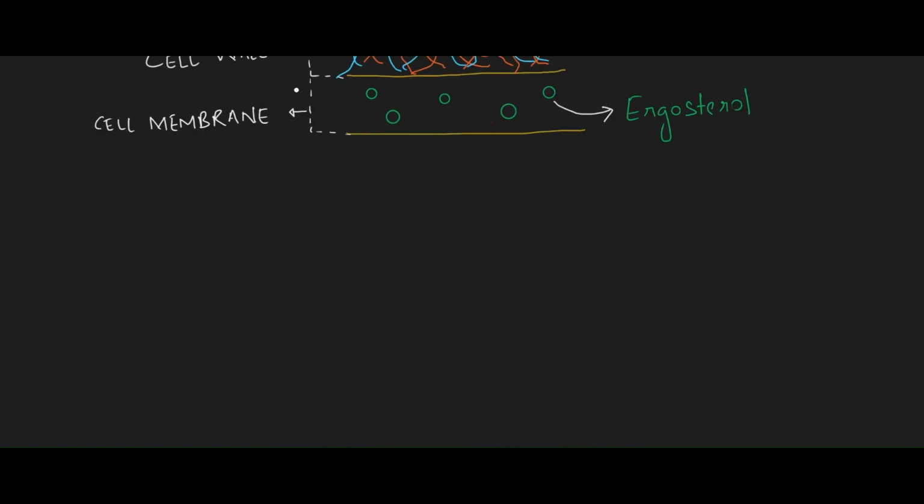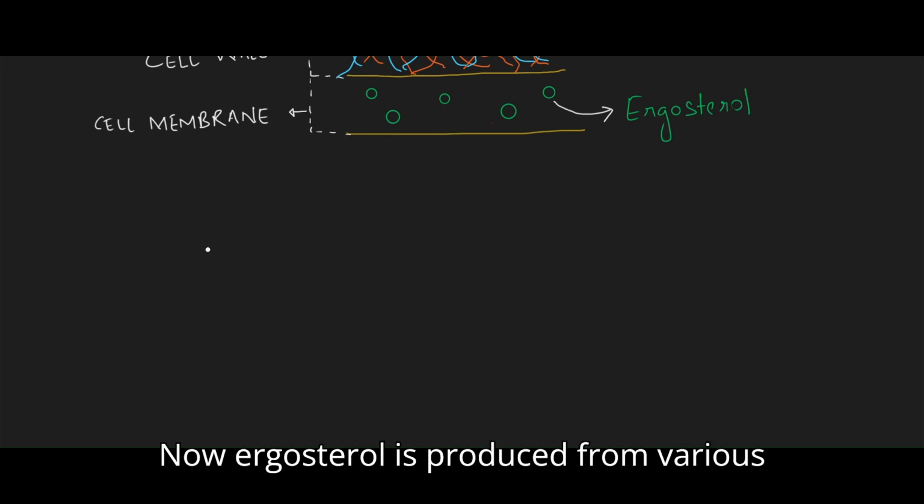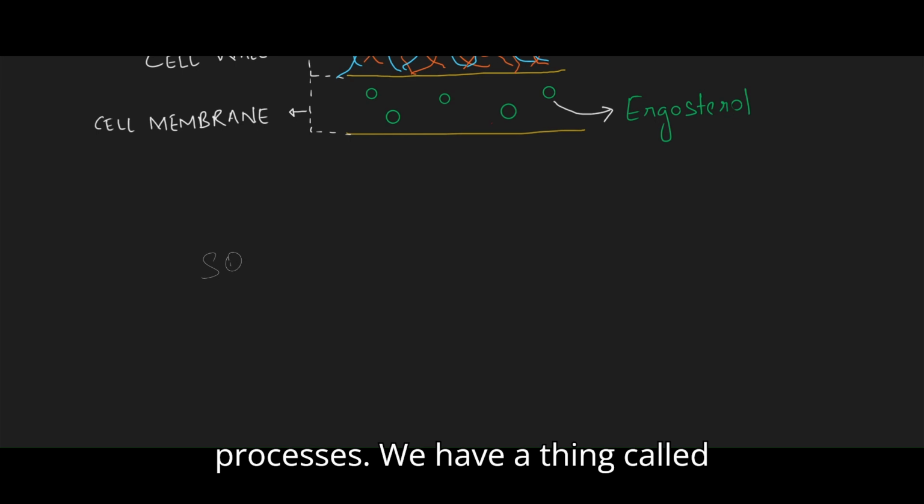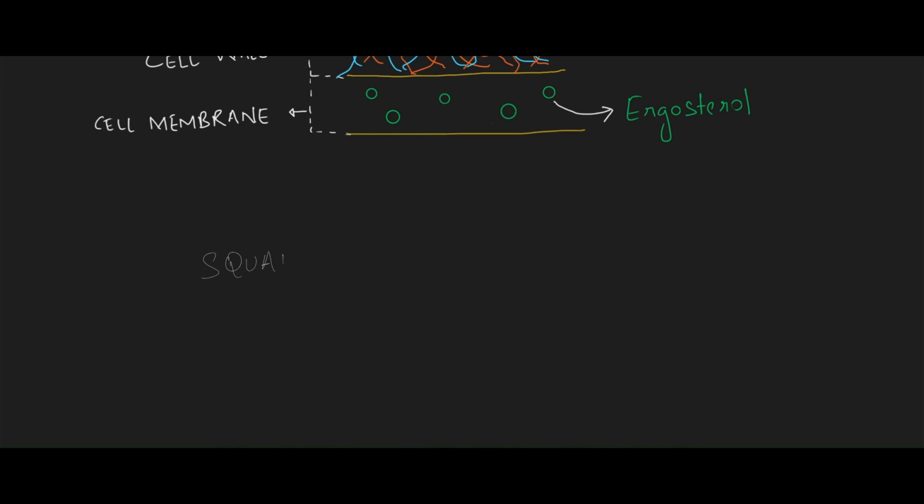Now simply what I'll be showing right now is how ergosterol is produced. Now ergosterol is produced from various processes. You have a thing called squalene.